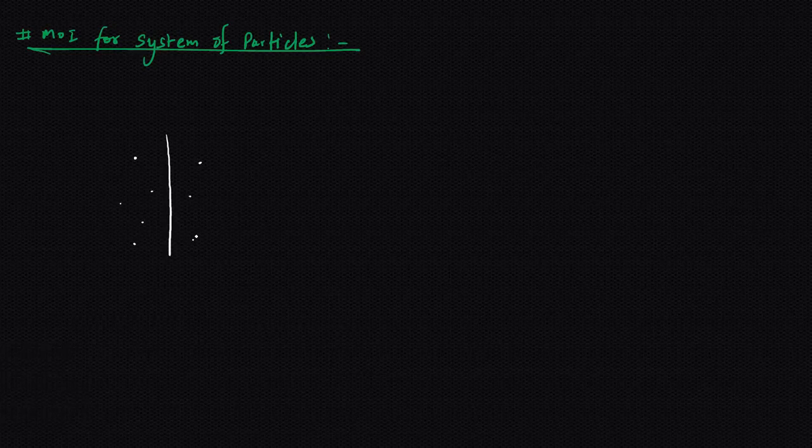Let's say this is mass m1, this is mass m2, and so on up to mass mn, which is at a distance rn from the axis of rotation. This one is at a distance r1 from the axis of rotation, this is r2, like this. We want to find out the moment of inertia for the system of particles.